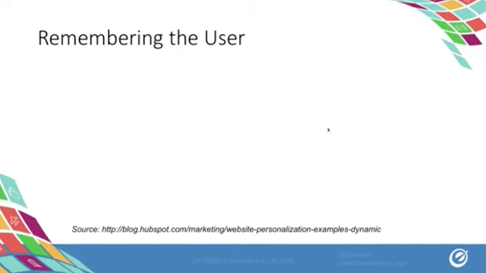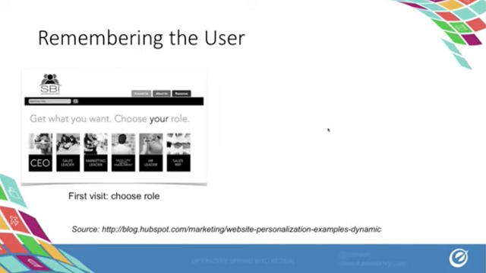So to go through some examples here, this is from a case study published by HubSpot. In this example, this site has what I sometimes call multiple personality disorder. The content is tailored to, in this case, multiple personas within the organization, from the CEO on down to the sales rep. And so the first time that the user arrives at this page, the site actually asks you, what role are you in?